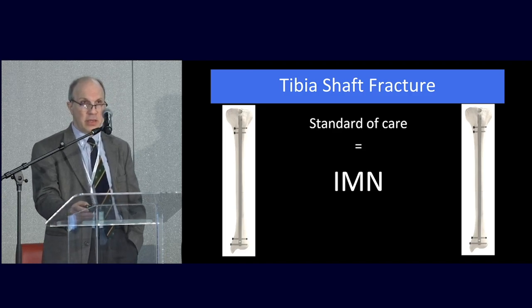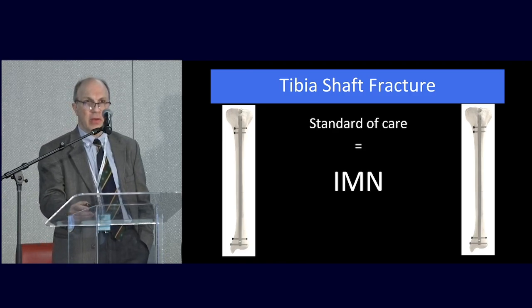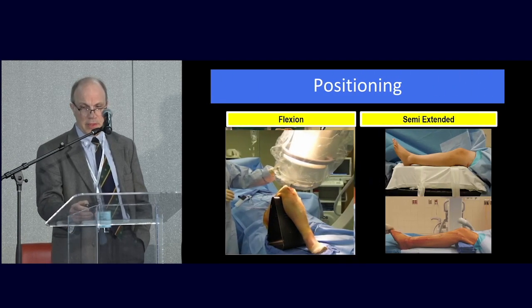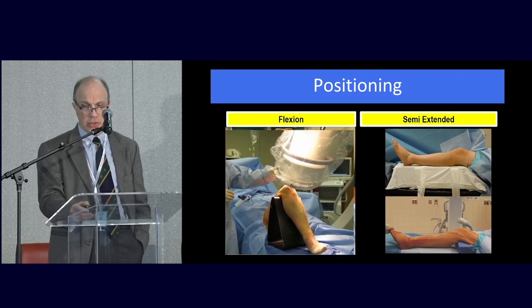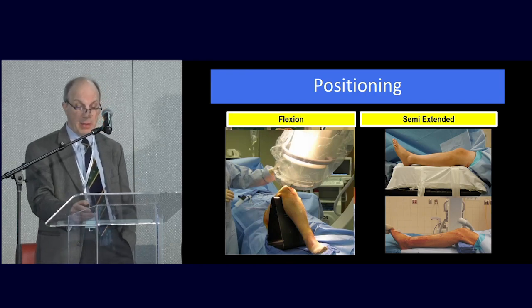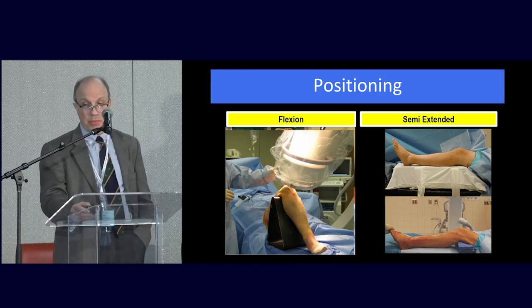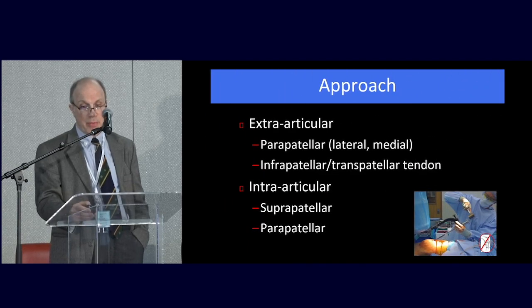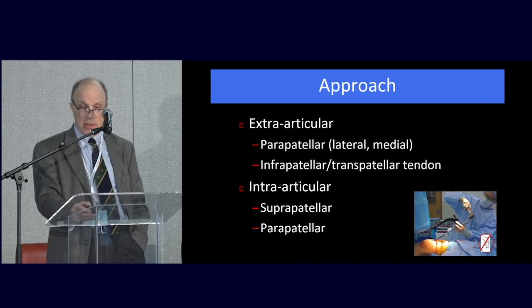I think there's a huge difference in recovery, in obtaining and maintaining the reduction. Again, you can do the surgery in flexion or semi-extended. Flexion is fading away completely, and most people are doing semi-extended approaches for all tibia shaft fractures. This approach can be extra-articular or intra-articular.